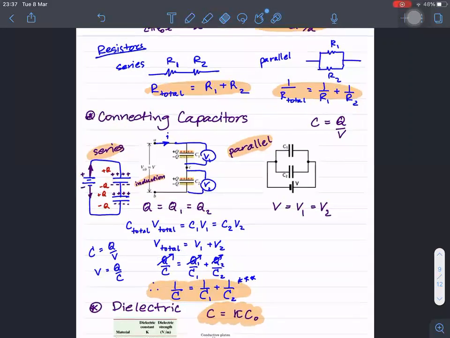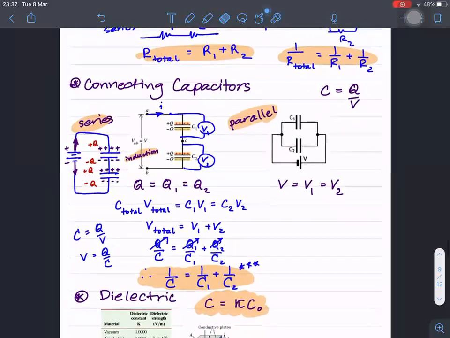And then for the parallel configurations, you have that V, the voltage, is equal to V1, and also equal to V2, right? So these are the things they have in common. And we should also have that Q total, the total charge, is Q1 plus Q2 this time.